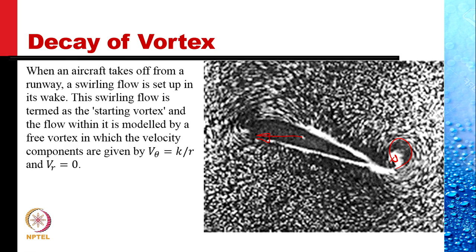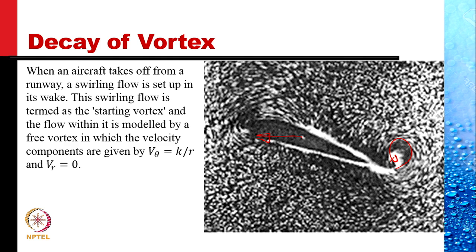And as the aerofoil moves away to the left, this vortex stays there. In an actual aircraft, this vortex, which is termed as a starting vortex, is formed at the airport. And as the aircraft takes off, this vortex is left on the runway and decays with time.